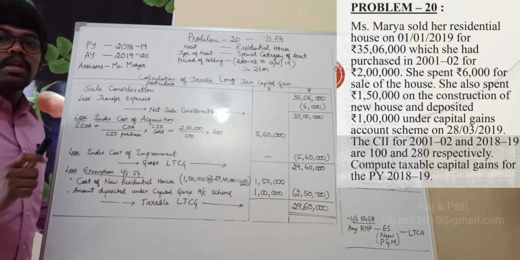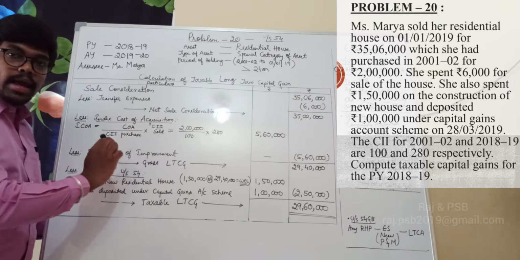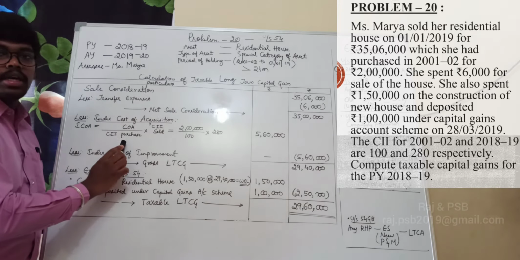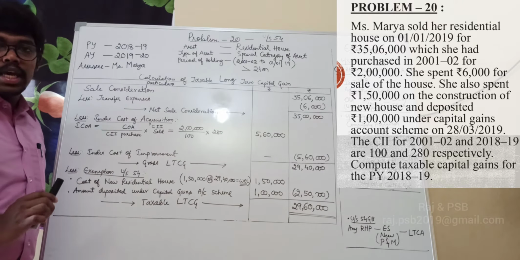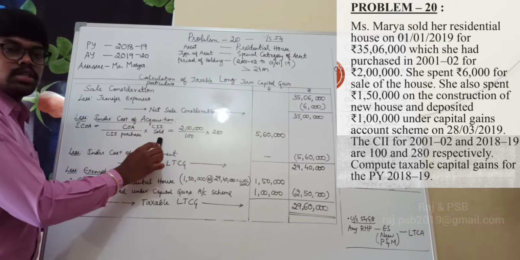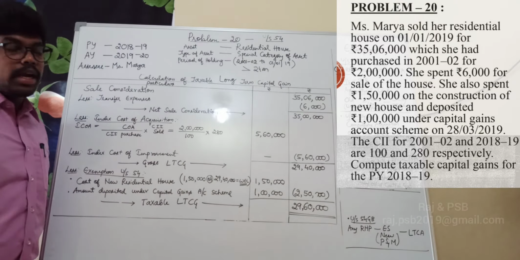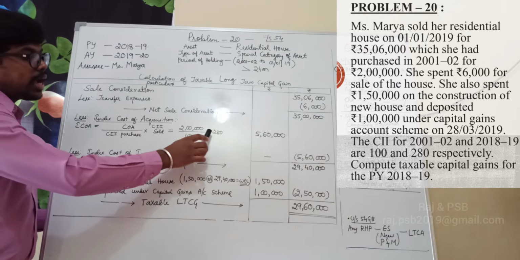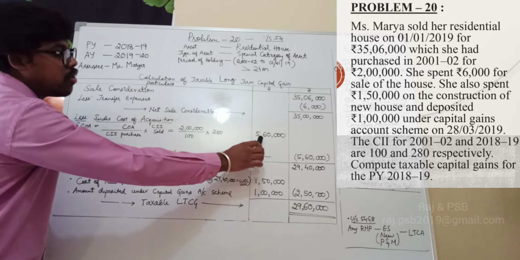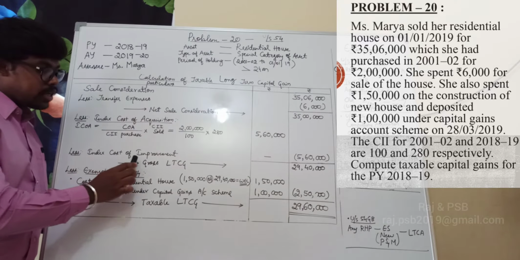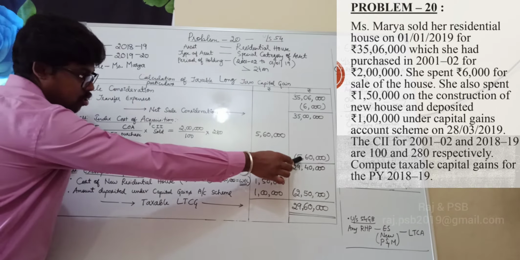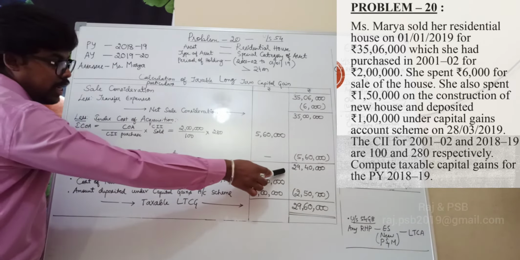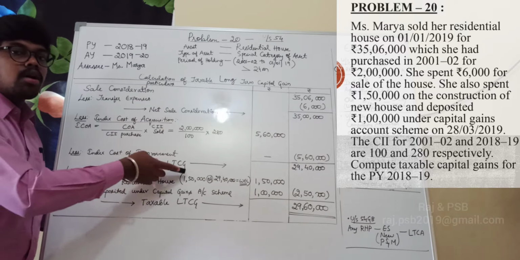Cost of acquisition is 2 lakh, divided by CII of purchase year 2001-2, which is 100, into CII of sold year 2018-19, which is 280. So 2 lakh into 280 divided by 100 is 5,60,000, and there is no indexed cost of improvement, so it is nil. So 5,60,000 is deducted from 35 lakhs, and 29,40,000 is the gross long term capital gain.